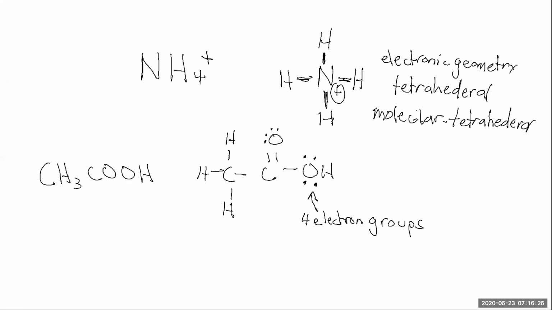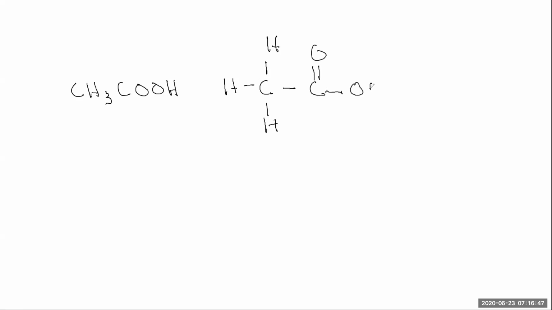So we're going to pick acetic acid, and if we draw the Lewis structure, I'll let you do that as an exercise. So here's the Lewis structure for acetic acid.